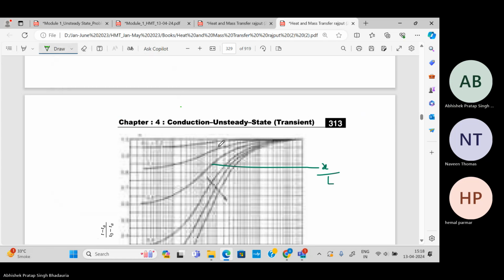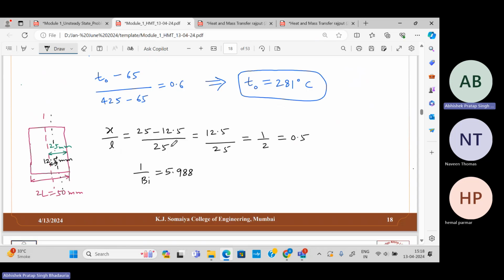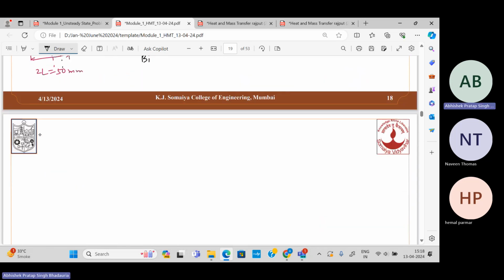Now we will take the projection, and we directly get the value of the correction factor from the chart. We are getting the value as 0.96. So that means T minus Ta divided by T naught minus Ta is 0.96.